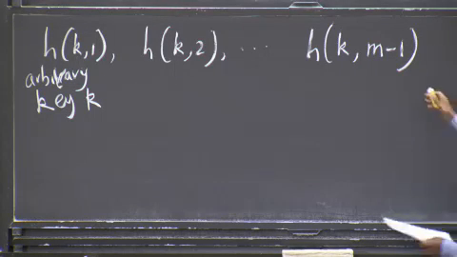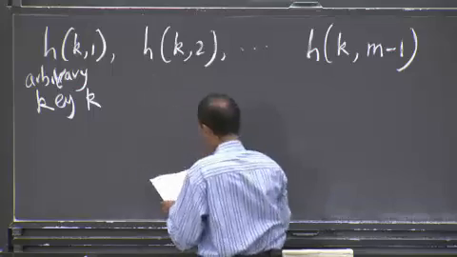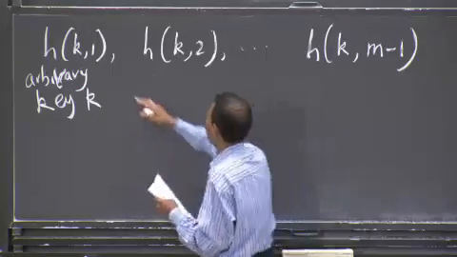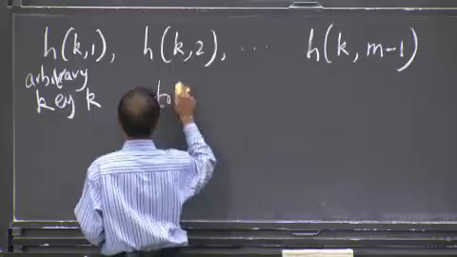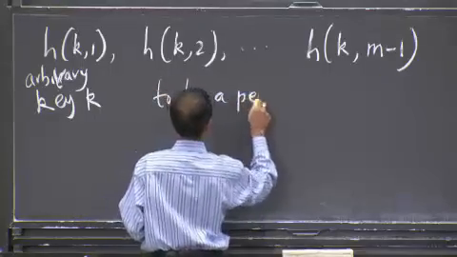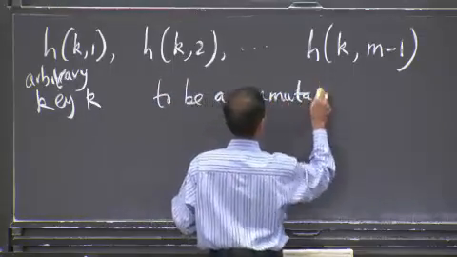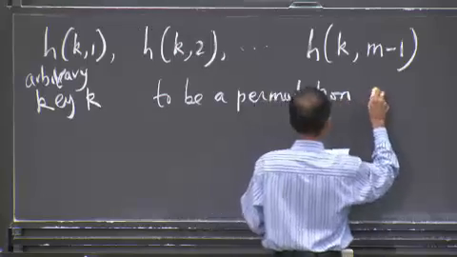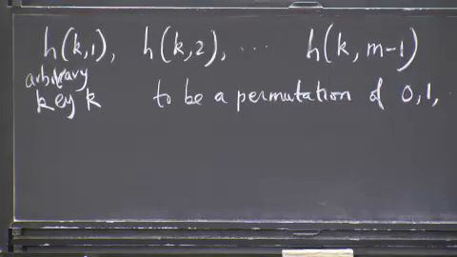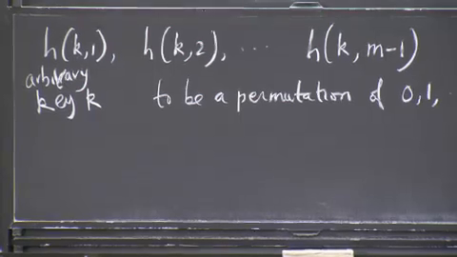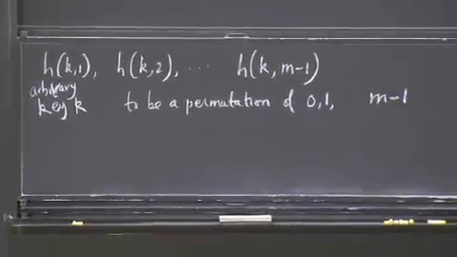And what you want is for this vector to be a permutation of 0, 1, and so on to m minus 1. Okay?